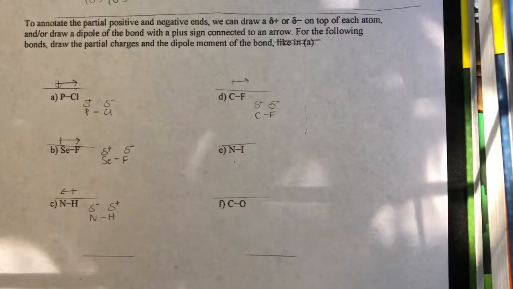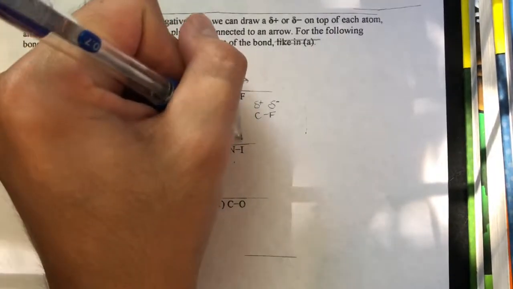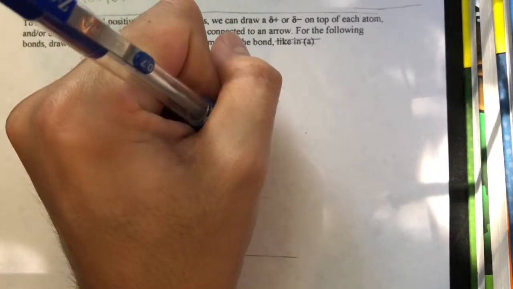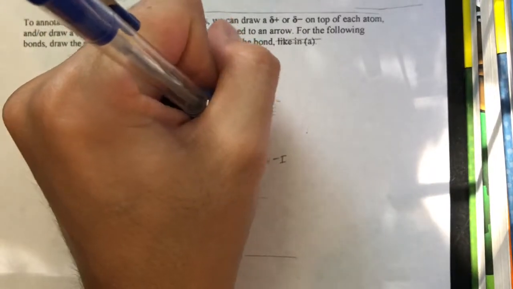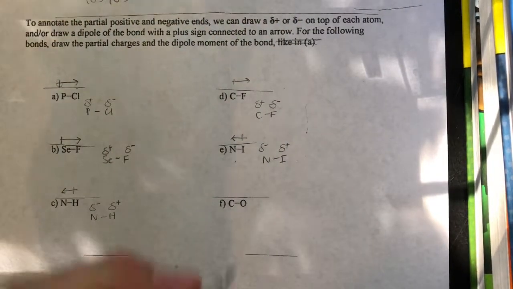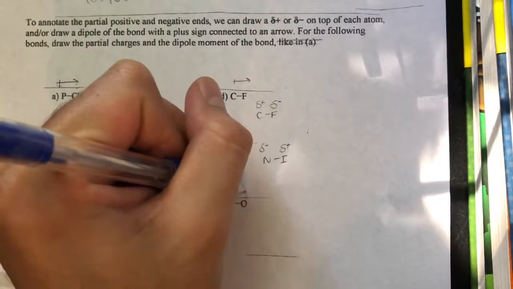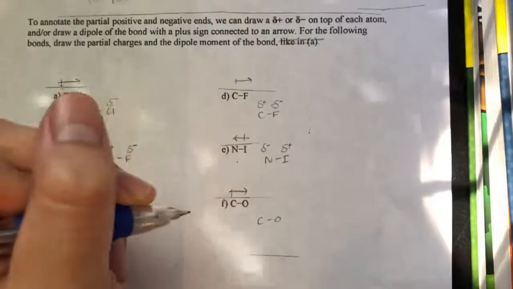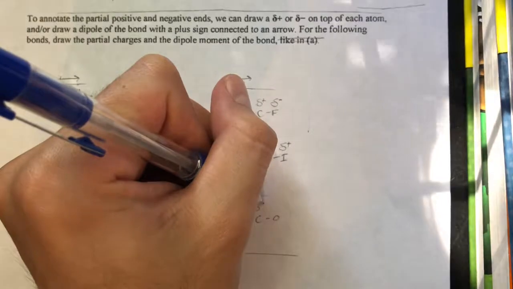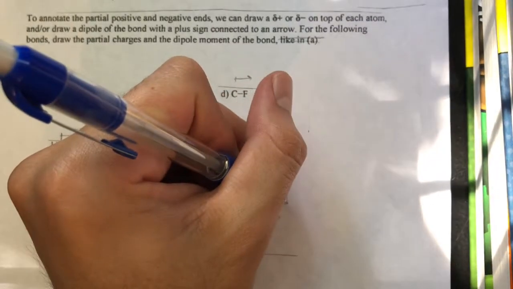For the last two, you have nitrogen and iodine. Iodine is more positive than nitrogen, so you would write this, and then the nitrogen would be partially negative, iodine would be partially positive. For carbon and oxygen, carbon is less electronegative than oxygen, so you'll show their bond, and carbon will be partially positive and oxygen will be partially negative.